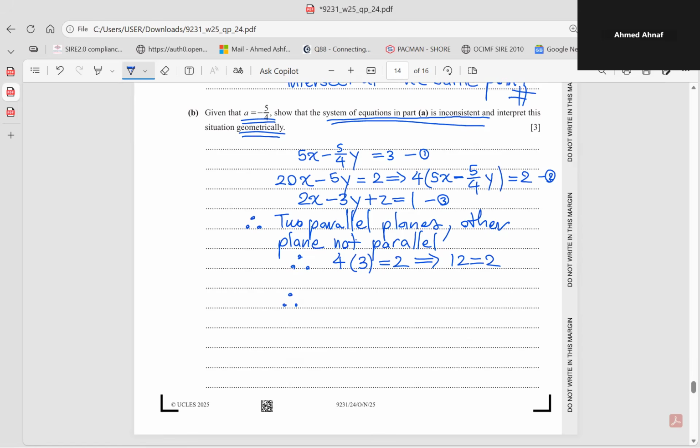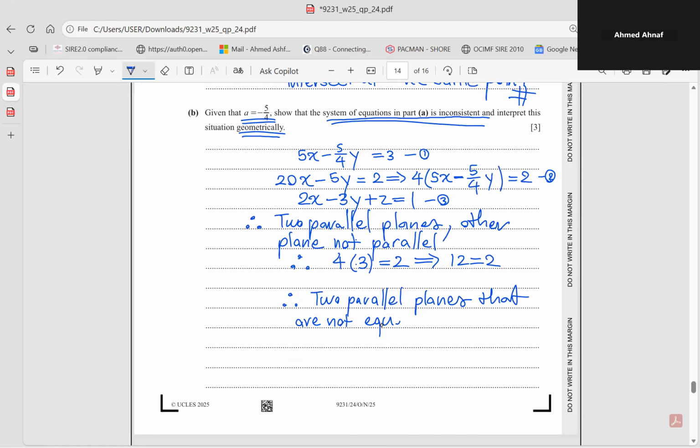And the geometric solution would be two parallel planes that are not equal, and one plane that intersects both planes.